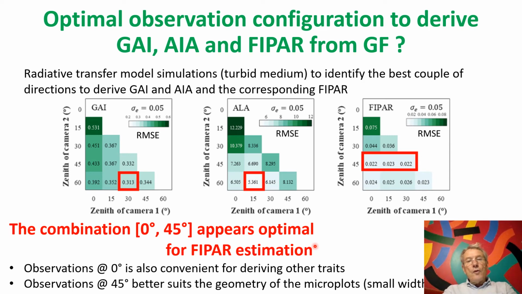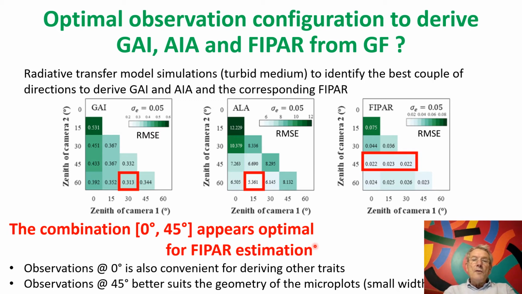And this is also optimal because at 0 degree you can estimate other traits. So of course you can have the cover fraction, and you can estimate the chlorophyll content and other traits. And at 45 degrees, it's quite interesting because you can probably count the plants at early stages.